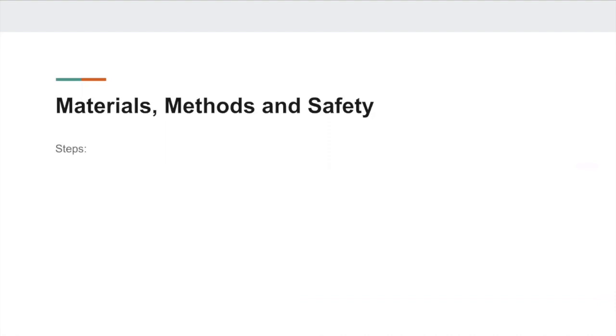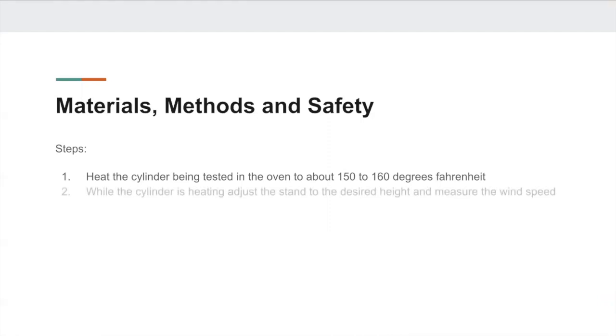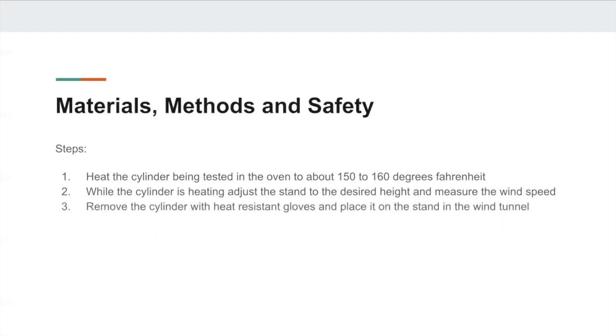For the steps taken in this experiment, first, the cylinders were heated in an oven to about 150 to 160 degrees Fahrenheit. Then, while the cylinder was heated, the stand was adjusted to the desired height and the wind speed was measured. Next, the cylinder was removed with heat-resistant gloves and placed on the stand in the wind tunnel.